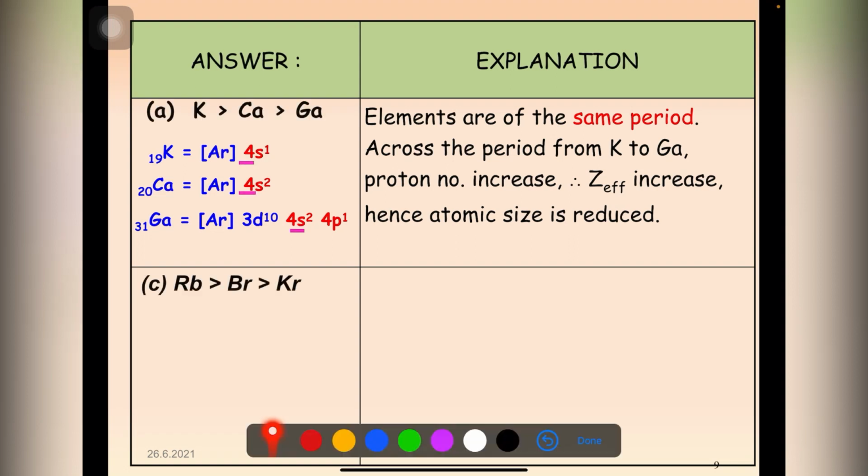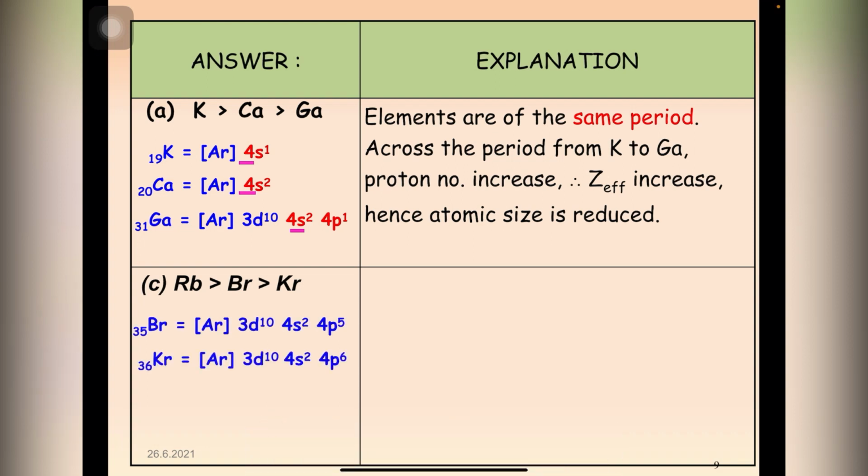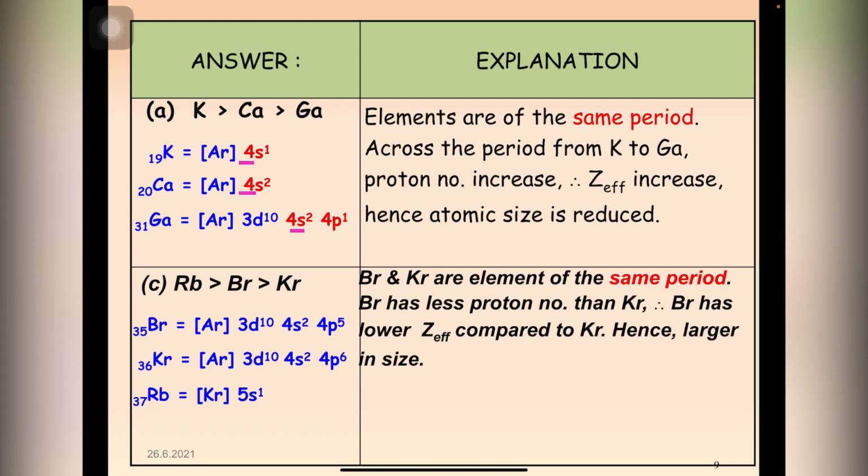Okay, let's see another example. This is the electronic configuration for bromine, krypton and rubidium. Bromine and krypton are elements in the same period, but bromine has a lower proton number compared to krypton. Krypton has 36, but bromine has 35, only one less.